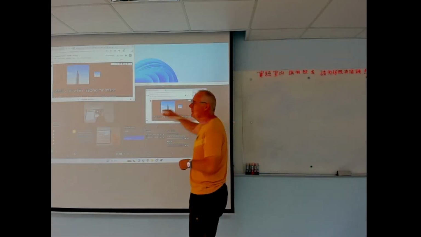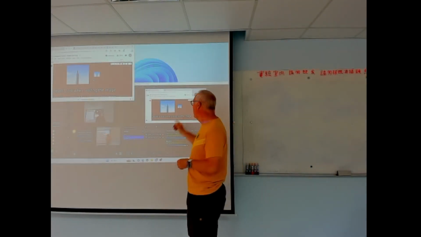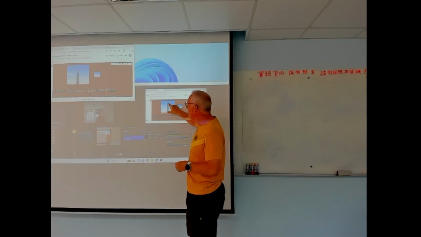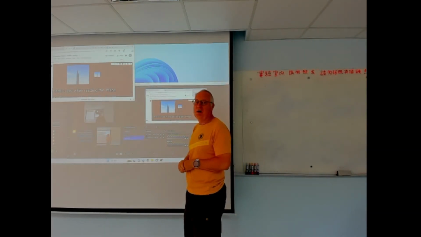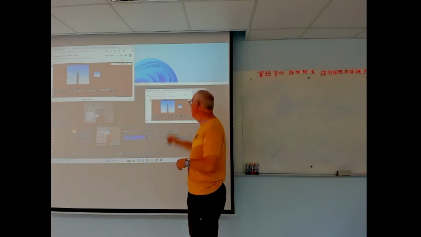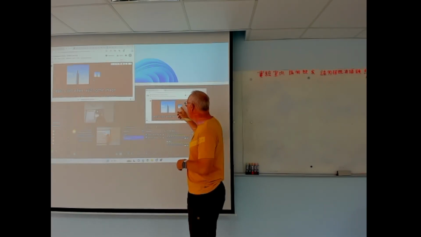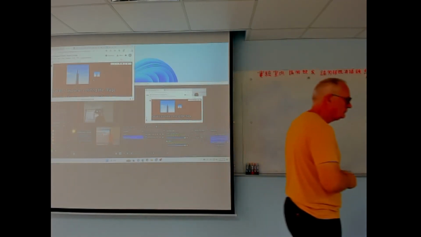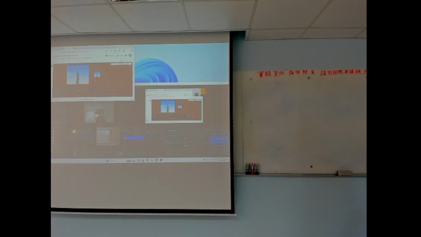The sky is kind of not interesting. So if I zoom in, I would like to keep the Taipei 101 part in more detail and instead reduce the amount of sky that I have in the image. So we want to focus on interesting parts of the image.